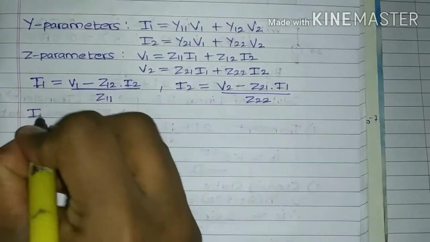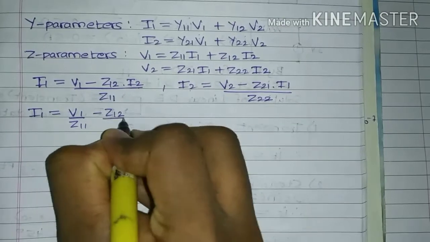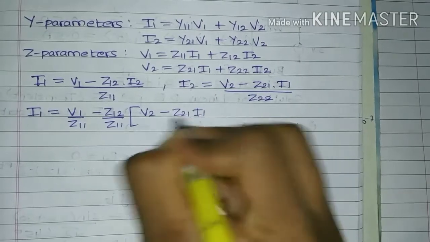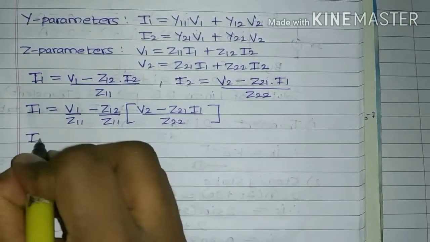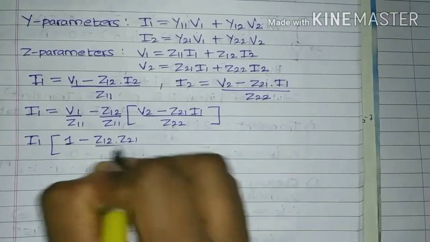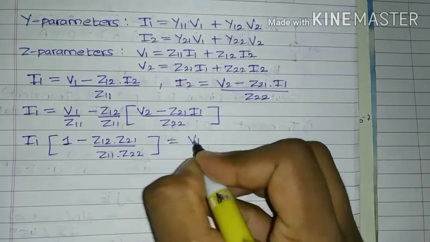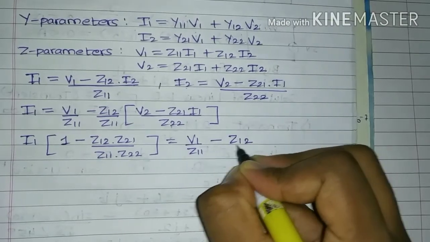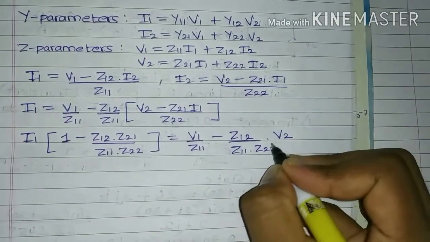So you get I1 is equal to V1 upon Z11 minus Z12 upon Z11 into (V2 minus Z21 I1) divided by Z22, right? So on simplifying, you get I1 minus Z12 into Z21 upon Z11 into Z22 is equal to V1 upon Z11 minus Z12 upon Z11 into Z22 into V2, right?